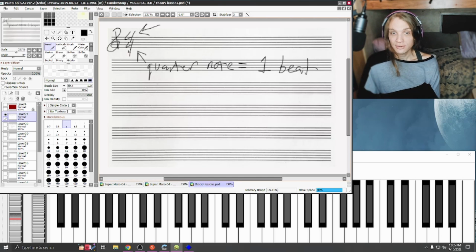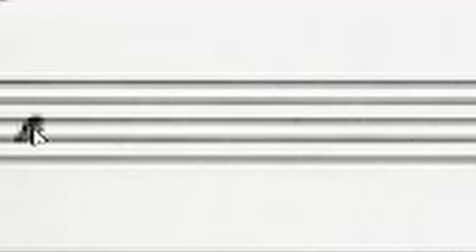So if a quarter note gets the beat and there's 4 beats per measure, that means that we put 4 quarter notes per measure.